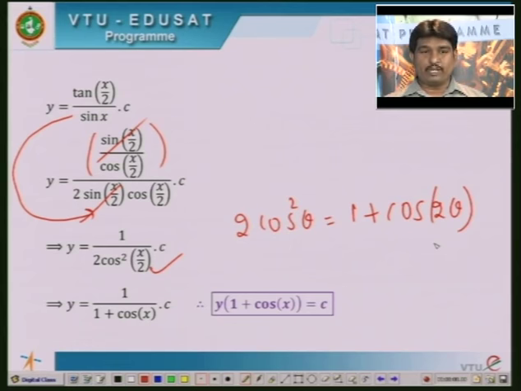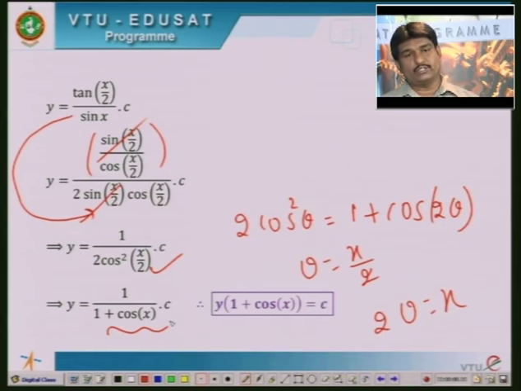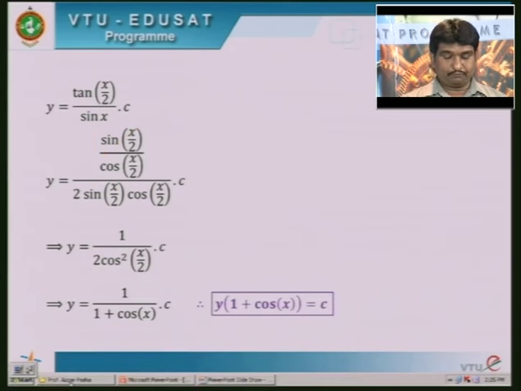Theta is x/2 here, so 2θ is x. So 2 cos²(x/2) is 1 + cos x, into c. Simplify this, cross multiply to get the solution for the first factor: y(1 + cos x) = c.